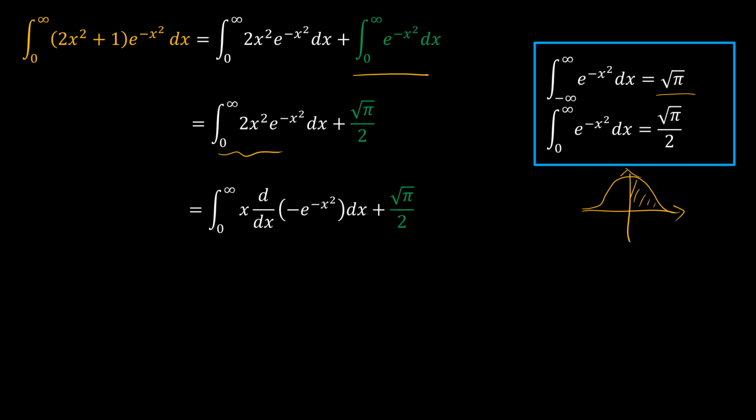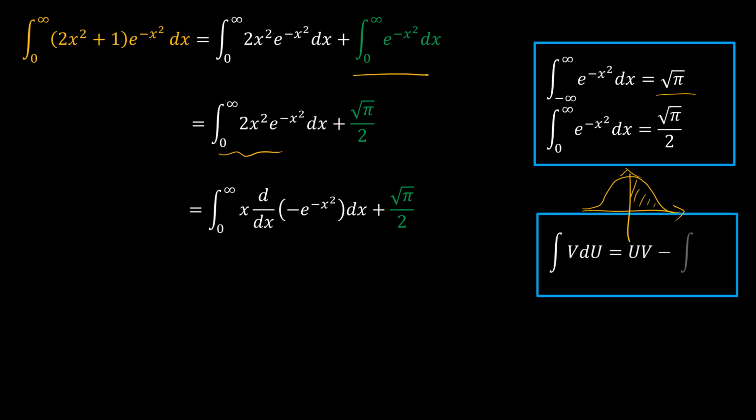It's obviously inviting for us to see that this can be solved using the integration by parts technique, where if you have a product of a function v and the derivative of function u, the answer is uv minus the integral of the derivative of v times u.